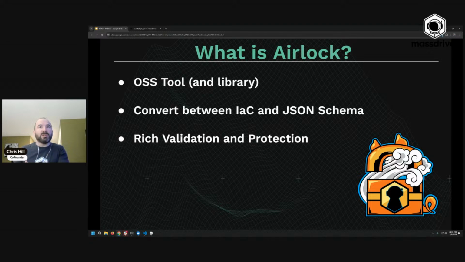There could be policies you have. For example, maybe you don't want something to be able to be deployed into public subnets. You can use JSON schema to ensure that the inputs are restricted to just certain values. So that's some of the value, and we'll see how all of that works in the demonstrations coming up.